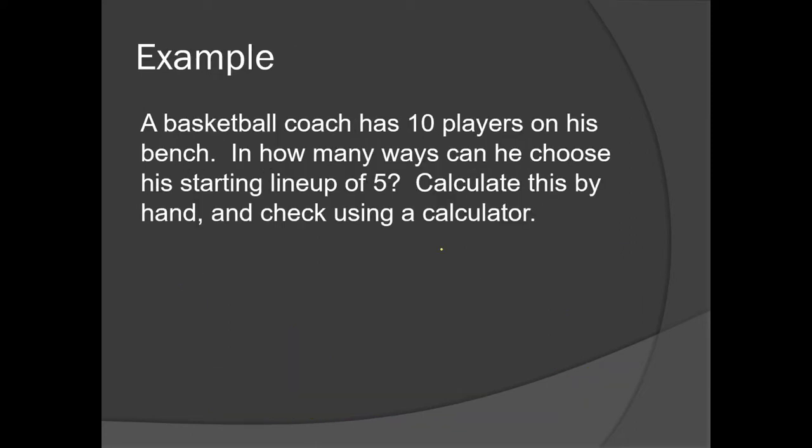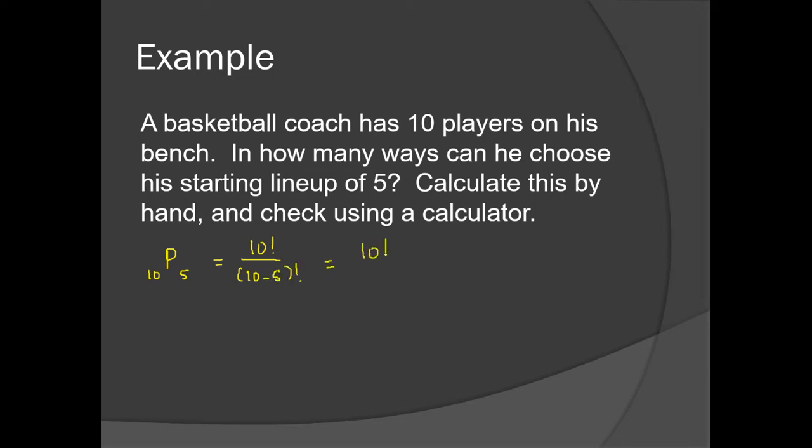So let's get a couple examples in here. It'd be great if you tried these by hand and also using a calculator. I'm going to use the formula. We're doing 10p5 here, 10 basketball players, 5 different positions on a basketball court. So 10p5, using the formula, is 10 factorial over 10 minus 5 factorial.